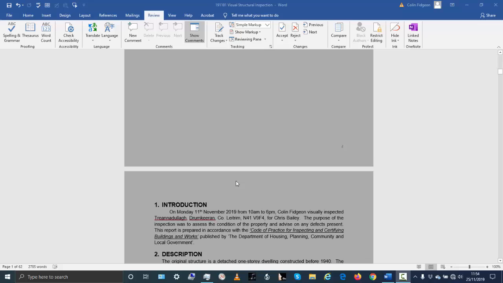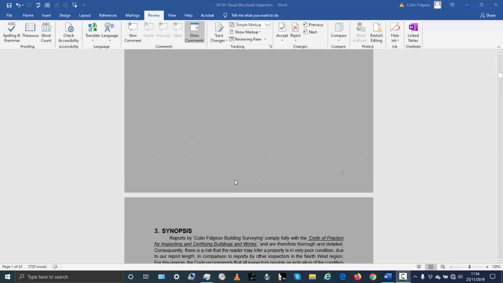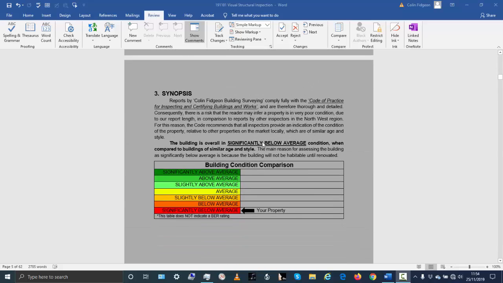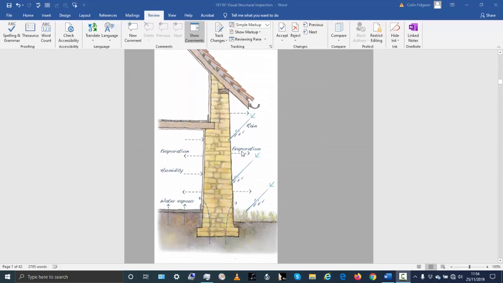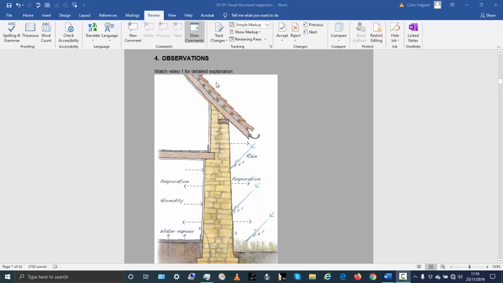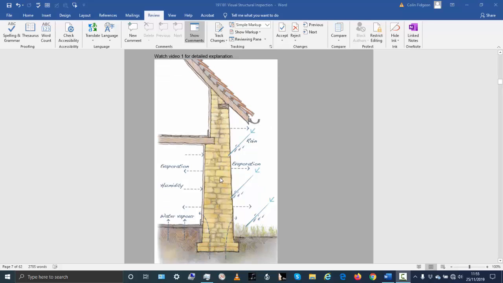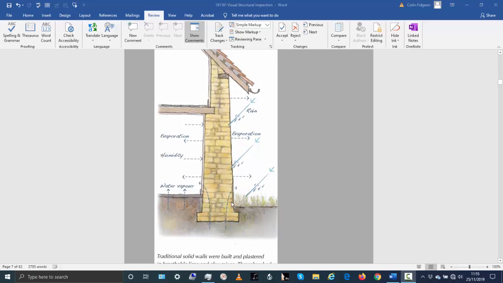So now the first thing I want to do is explain the difference between an older method of construction, which would be solid stone wall construction, which is what you have, and more modern construction, which would have a cavity wall.